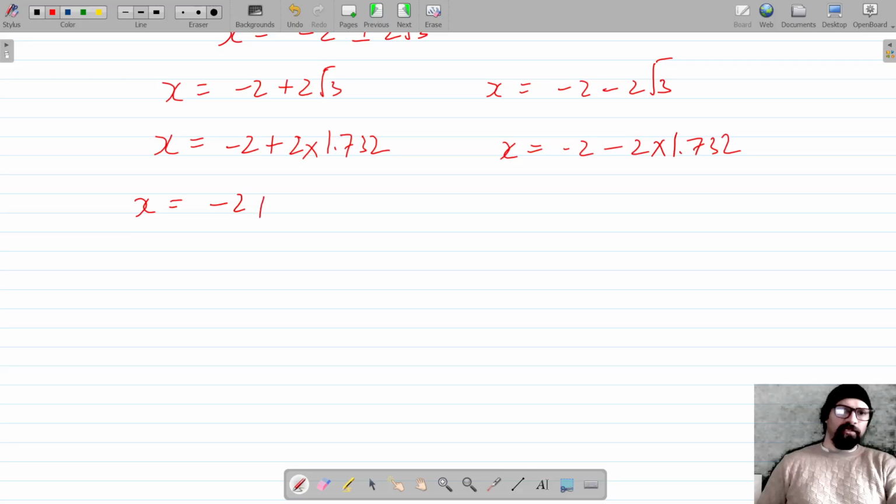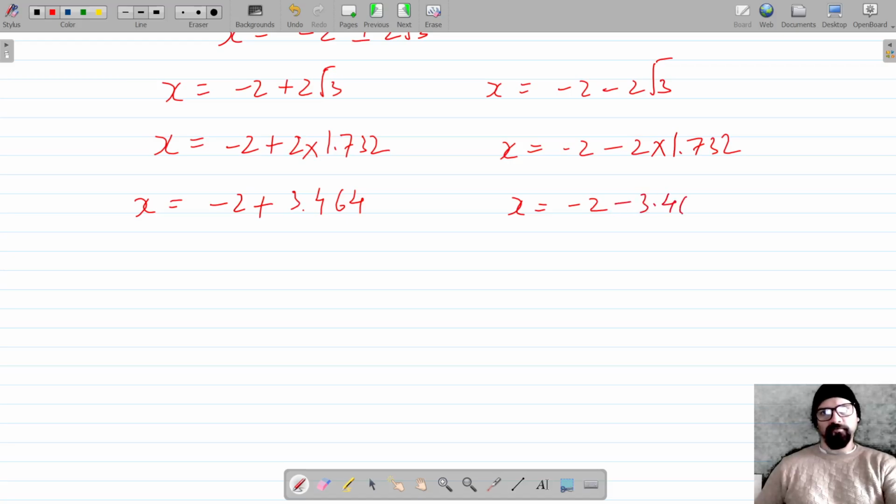So x is equal to negative 2 plus 3.464. The answer is positive, so if we subtract 2 here, this is 1.464.